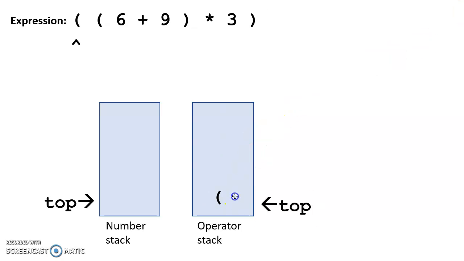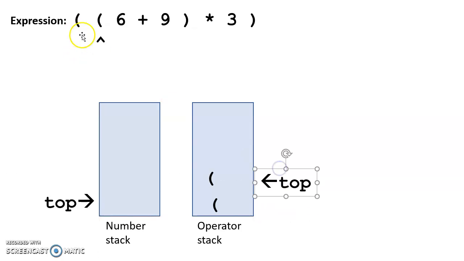So the open paren goes onto the operator stack. I already had my top one here, so I don't need to advance the top. It's there. Then I move to the next character, and this is also an operator. So this operator gets pushed onto the operator stack. Top advances. I go to the next character.